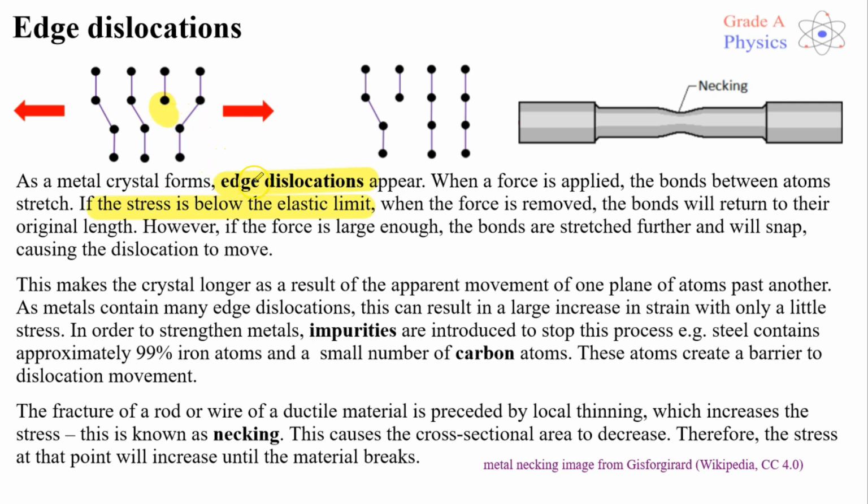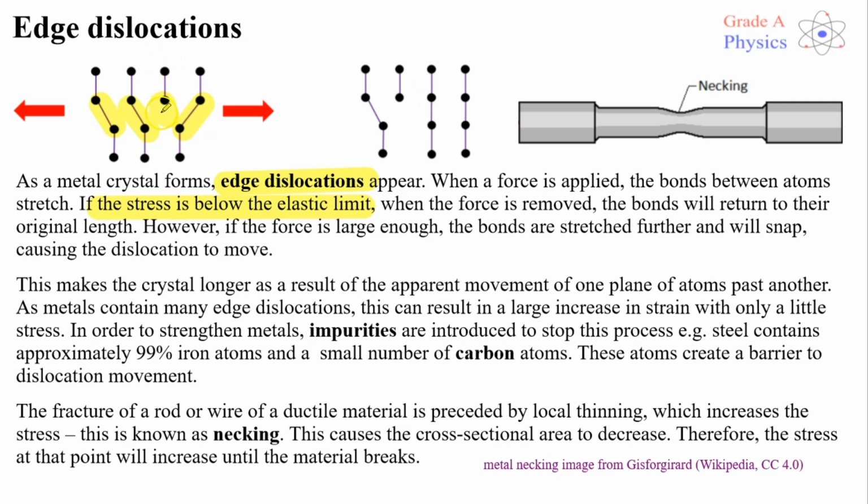So what's the significance of that? If we apply a force here to the left and to the right, and we go beyond the elastic limit, so we go into the plastic region, then these bonds will try to break. So maybe the bond here will break and then reform with the one to the left, and then this will shift along. So these bonds will break and reform.